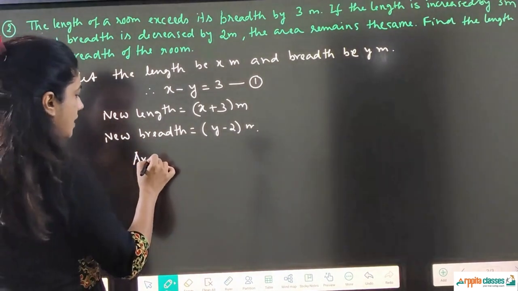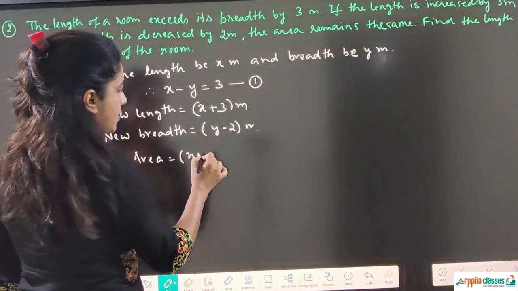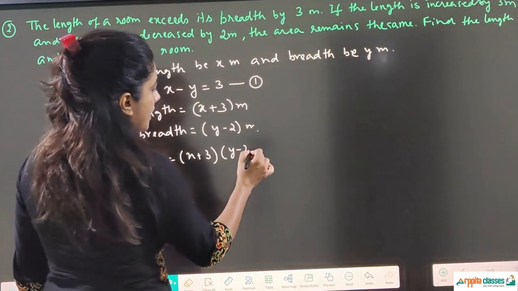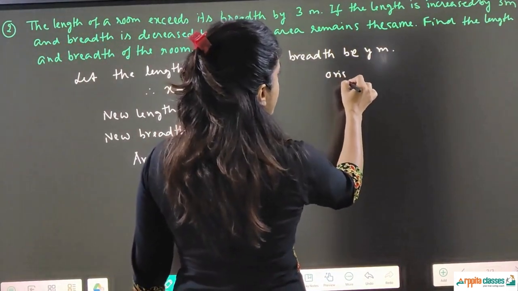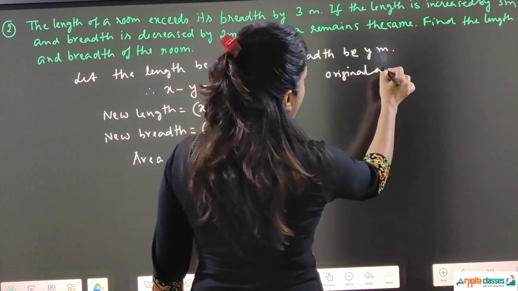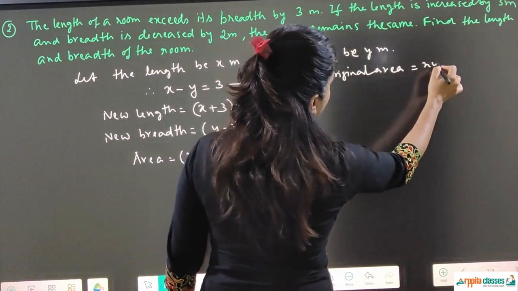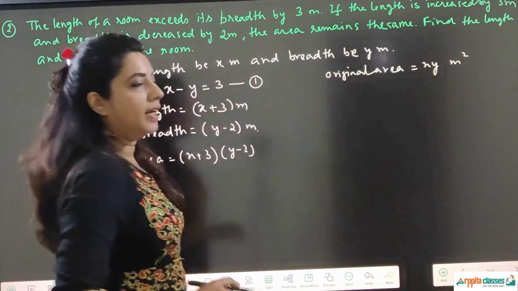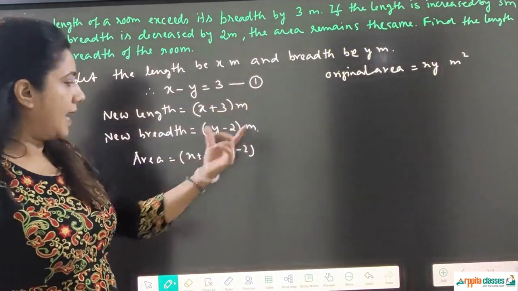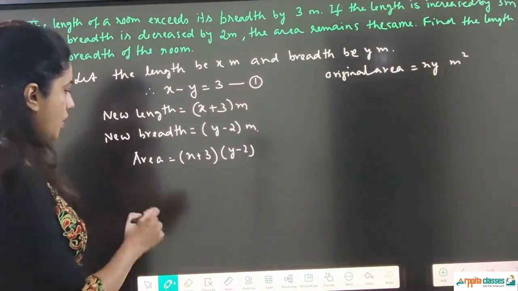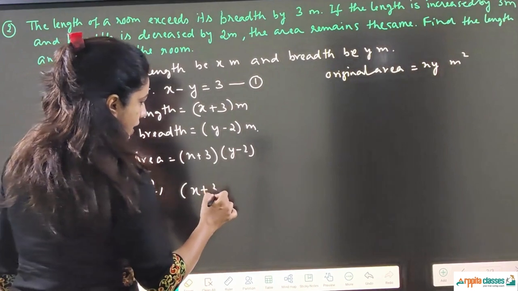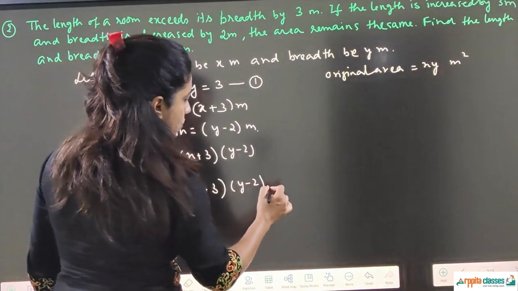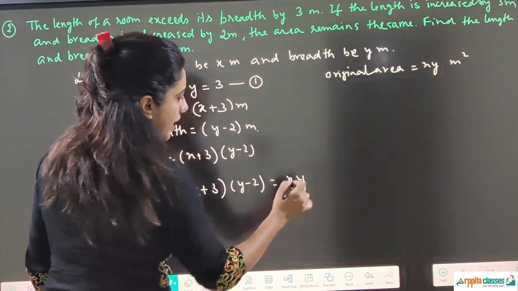In this case, the area is x plus 3 into y minus 2. The original area, what is the original area? Let us see. The original area is x into y meter square. Now they are saying that original area and this area, they are same. So according to the question, we can write x plus 3 into y minus 2 is equal to xy.